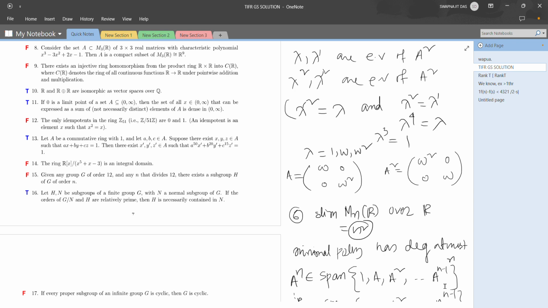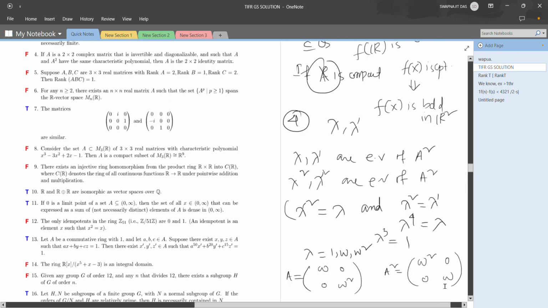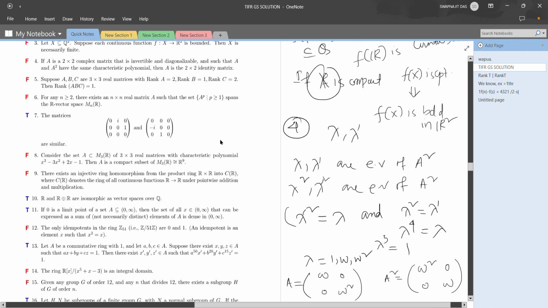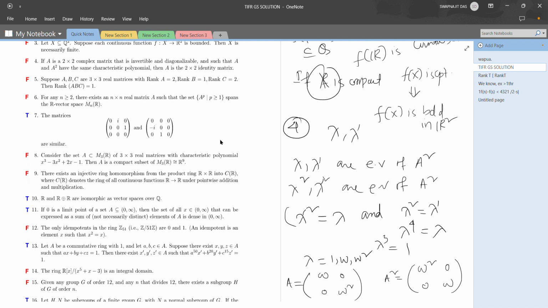But if it spans M_n(R), then the dimension must be n², which is not possible, because n is at least 2 here. So it's not possible. n is strictly less than n².